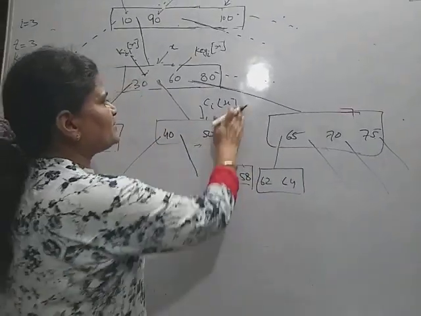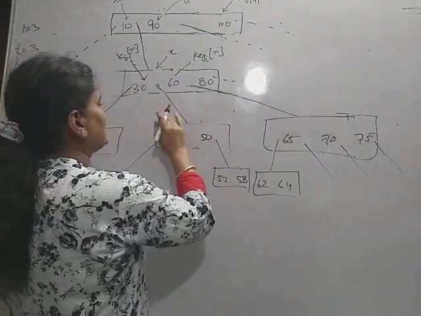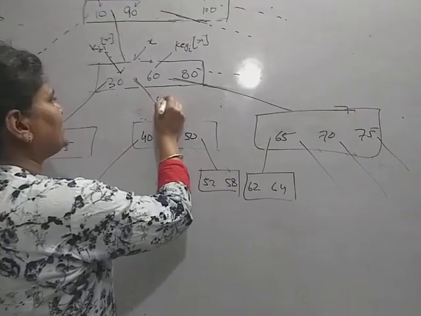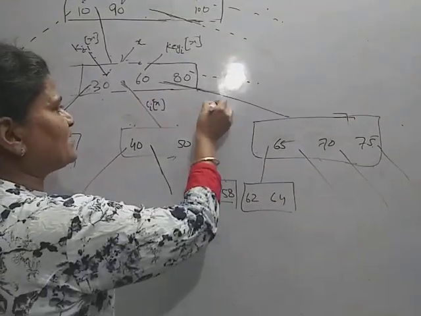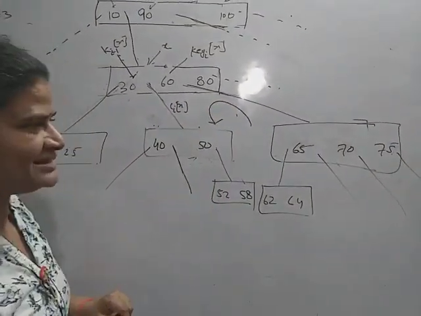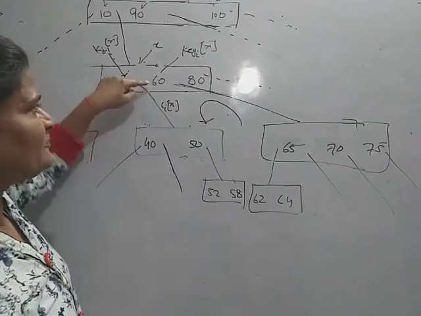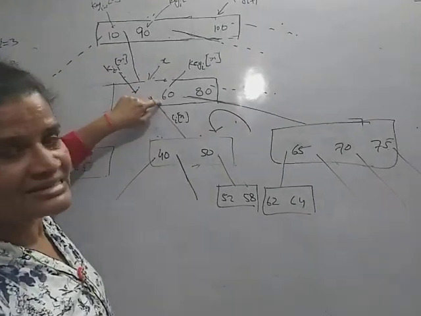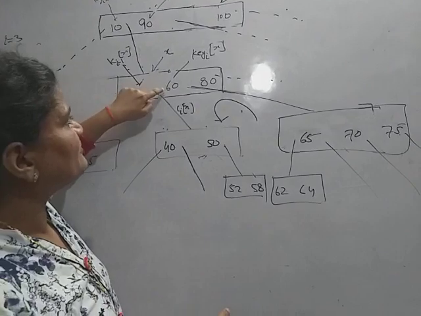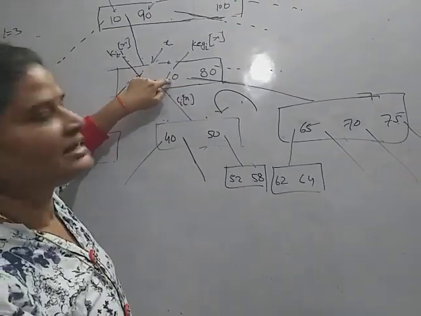So we perform this type of rotation. This is CIX. What it does is, first we move the ith key down.